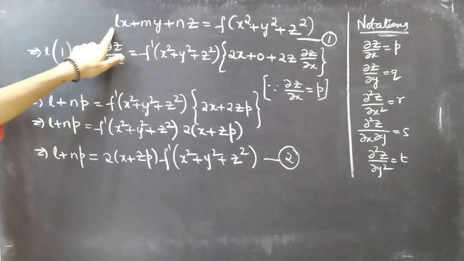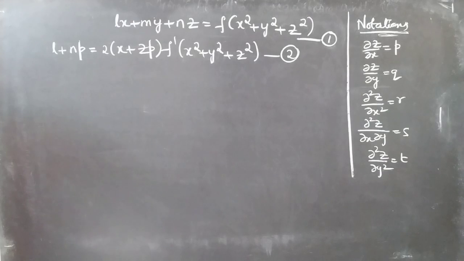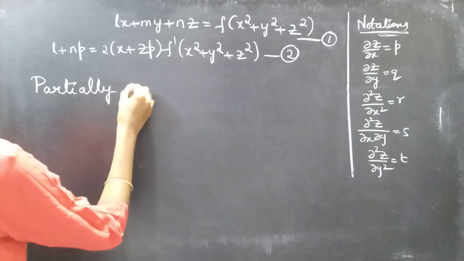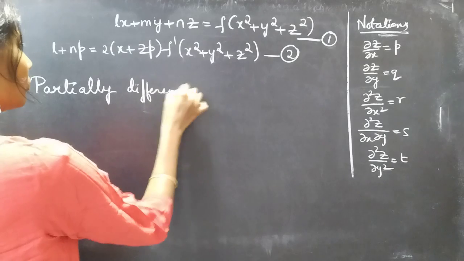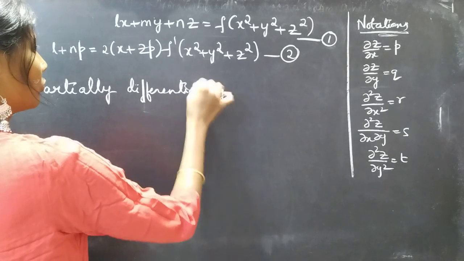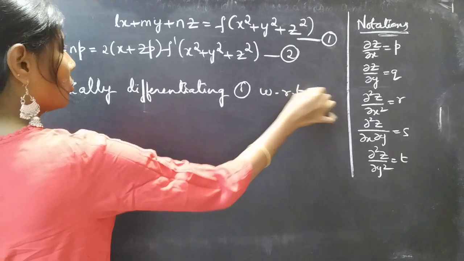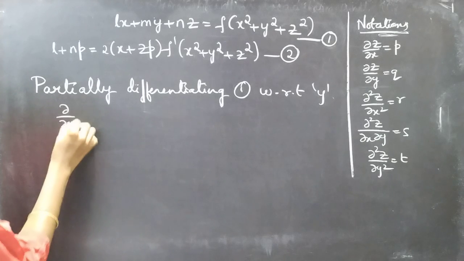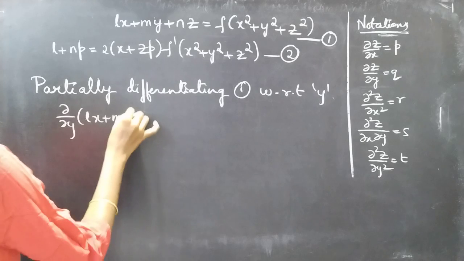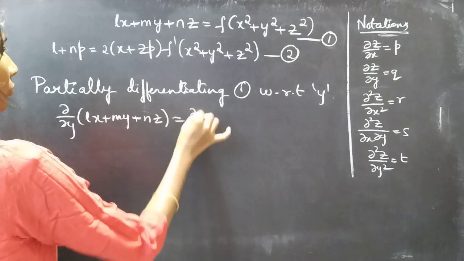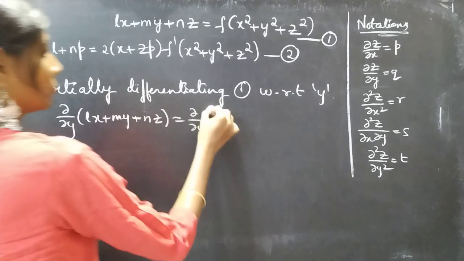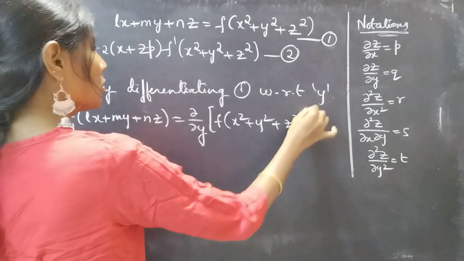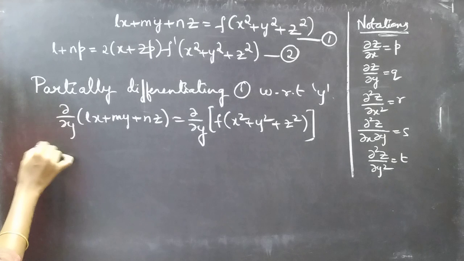Now let's partially differentiate 1 with respect to y. Partially differentiating 1 with respect to y. Let's apply dou by dou y on both sides of 1. Here we are partially differentiating with respect to y, so we'll treat x as constant.